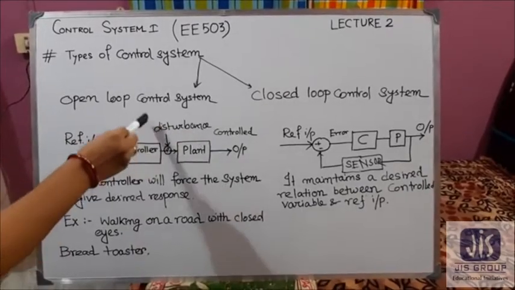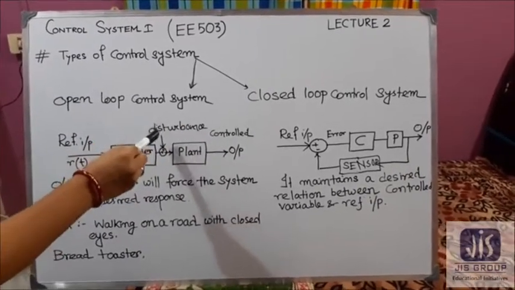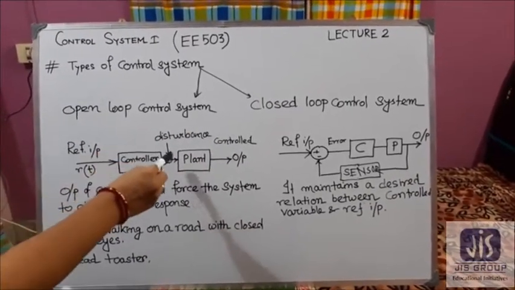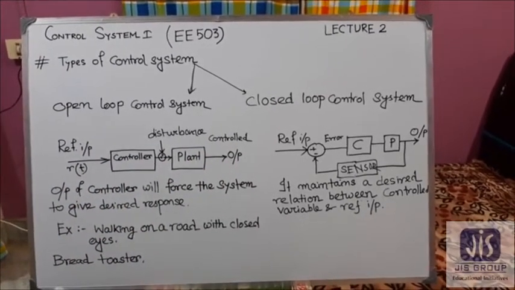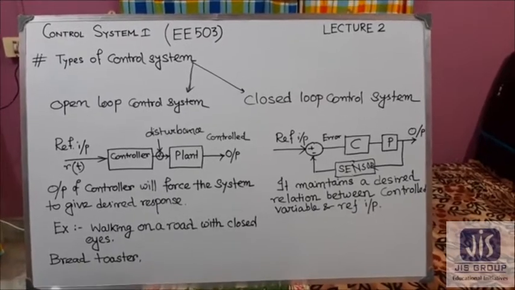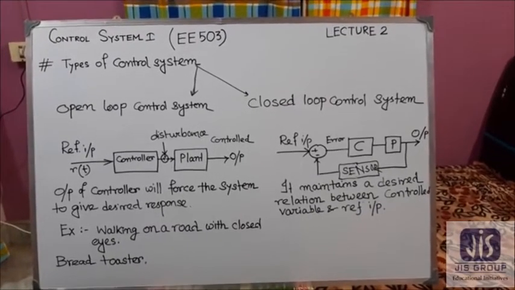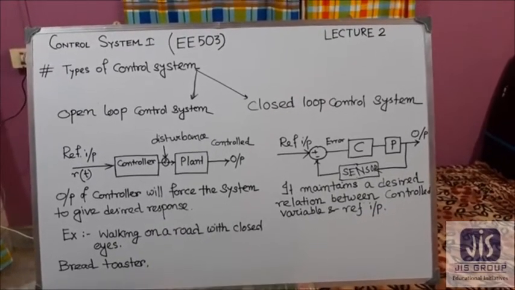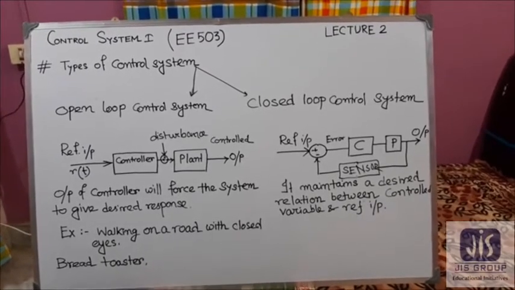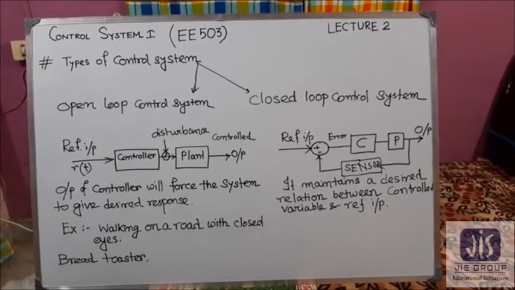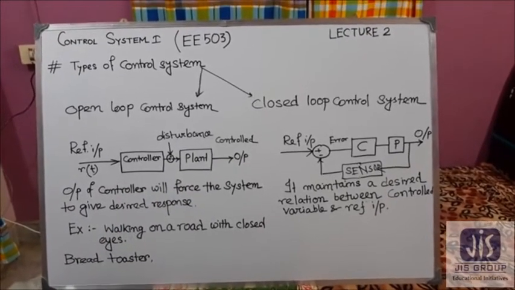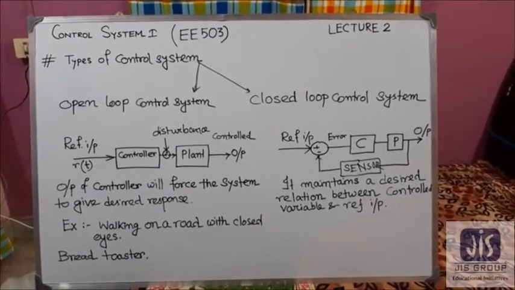Maybe disturbance is present, maybe not, and this one is the control output. The control variable is permitted to vary in accordance with the inherent characteristics of the control system, and the output of the controller will force the system to give the desired response.